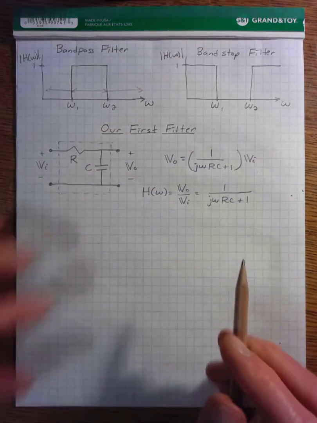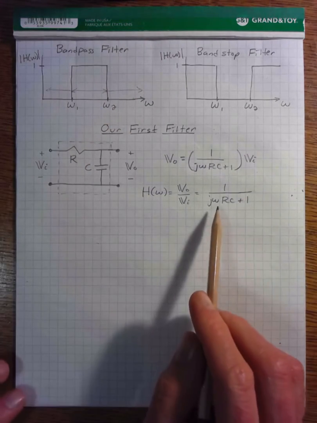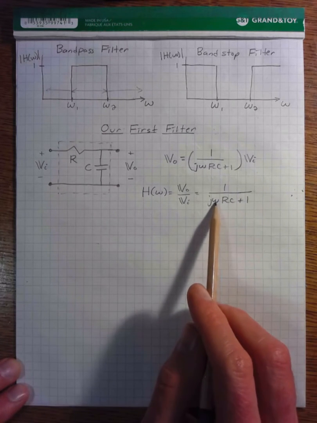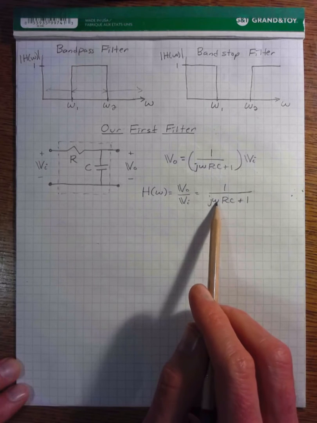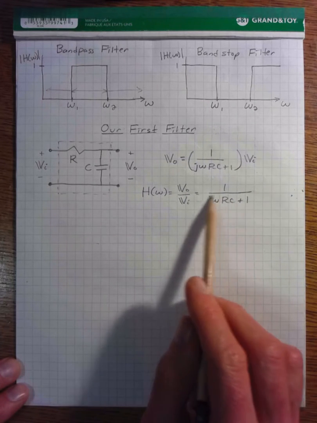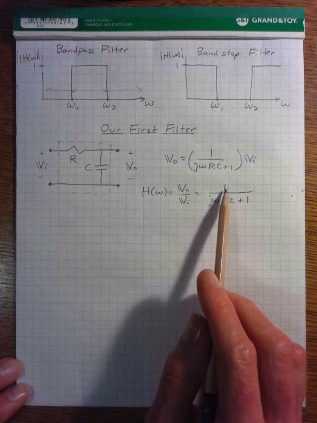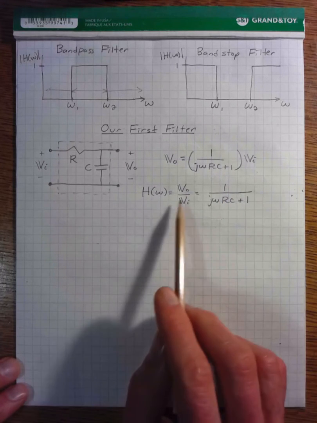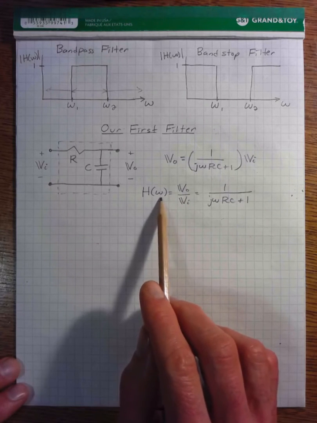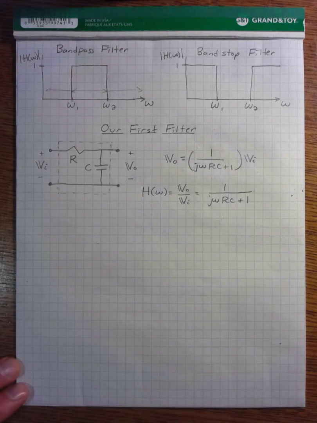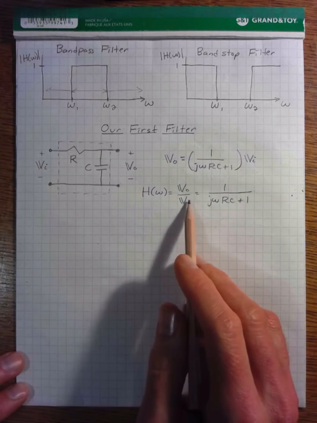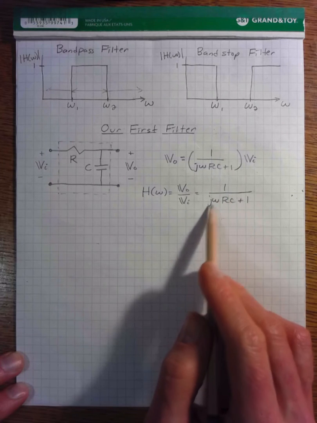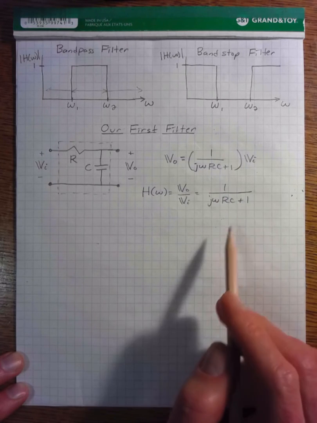And in the review module, I did talk about what happens when we change the value of omega. So for example, at very low frequencies, let's say when omega is equal to 0, this term goes to 0, and we then just have 1 over 0 plus 1, or in other words, 1. So our voltage transfer function for low frequencies is equal to 1. However, when we consider very high frequencies, let's say omega equal to infinity, we have 1 over infinity, basically, which is equal to 0.